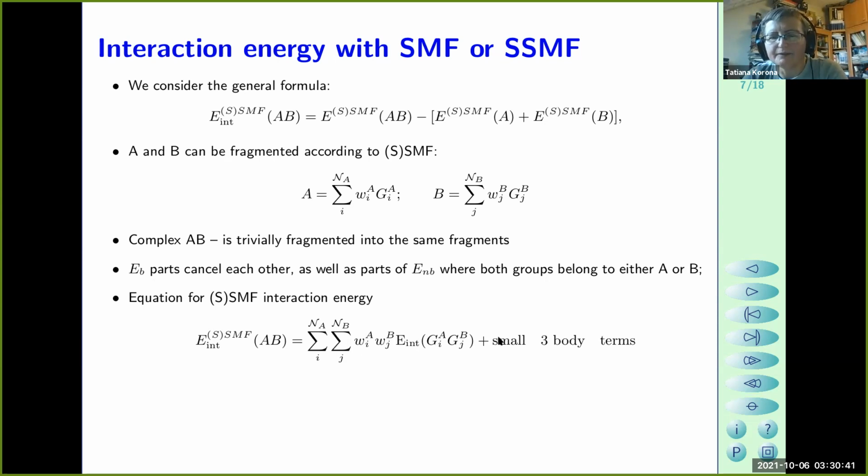This approach neglects some small three-body terms.